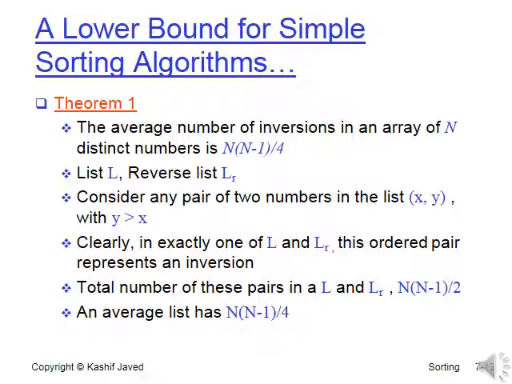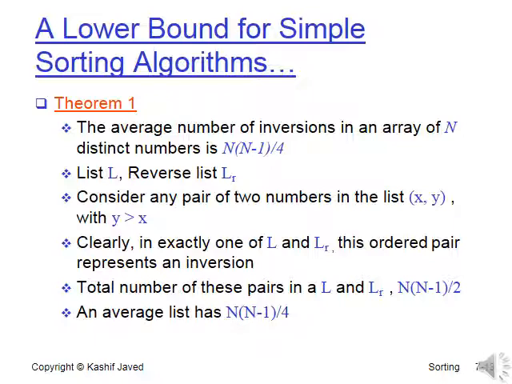For any list of elements L, consider the list in reverse order, L_R. Take the list of the example we did: 34, 8, 64, 51, 32, and 21. The reverse list will be 21, 32, 51, 64, 8, and 34. Consider any pair of two elements in the list, x and y, with y greater than x.